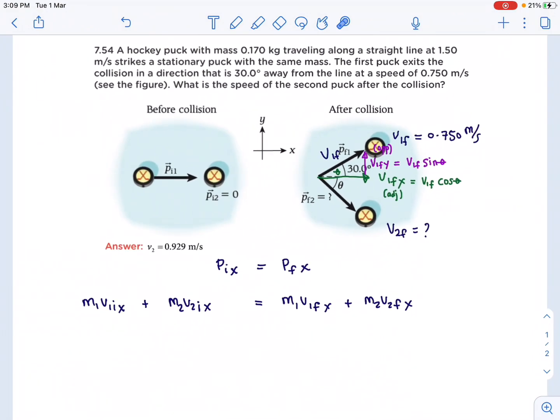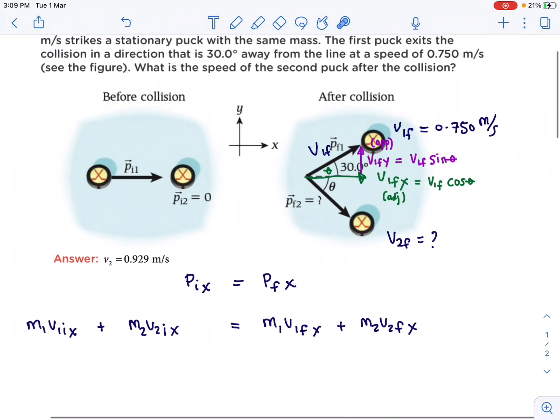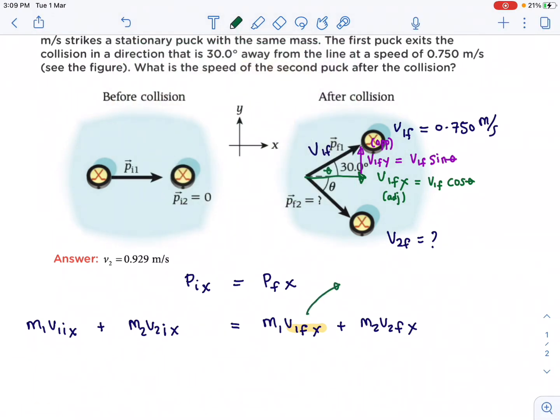Alright, so now having said that, let us expand our equation further. Once again, our V1fx is just equal to V1f cosine theta. So let us substitute our values.